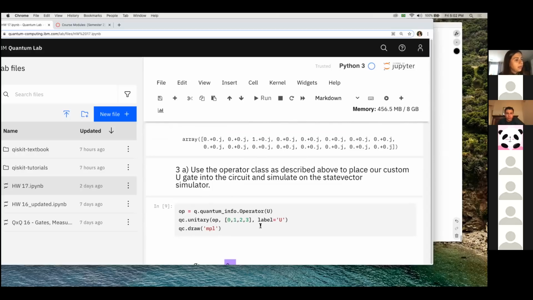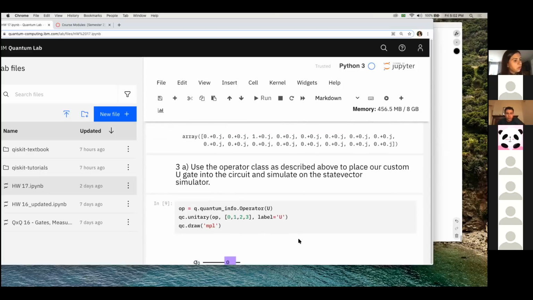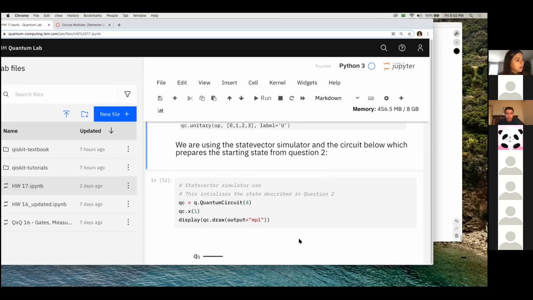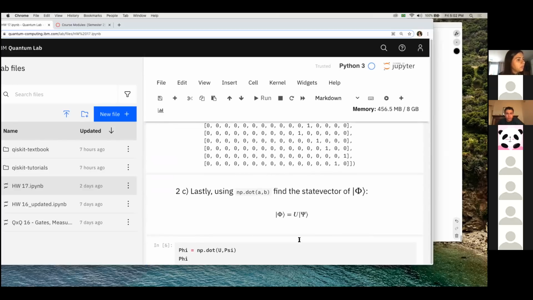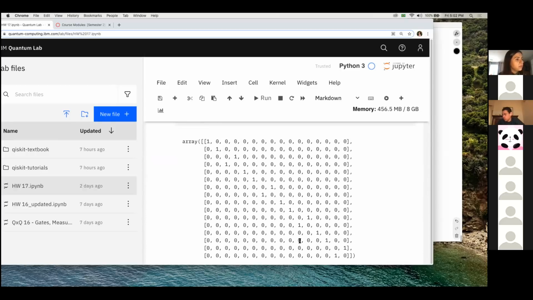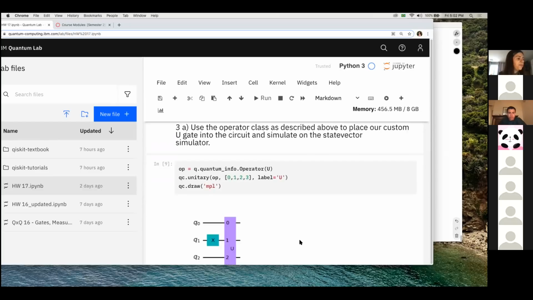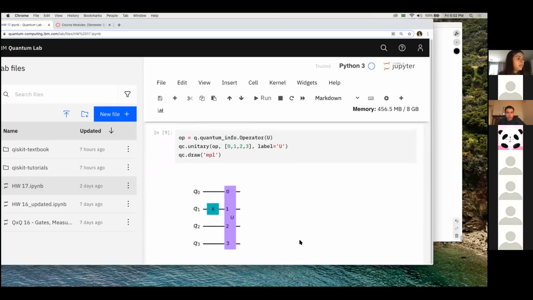And I'm just using the operator U that I defined before. We defined this operator U when we defined this matrix here. This is great because it's already defined here as U. We don't need to write a big matrix anymore. We just need to call U. And that's it. We can draw a circuit.